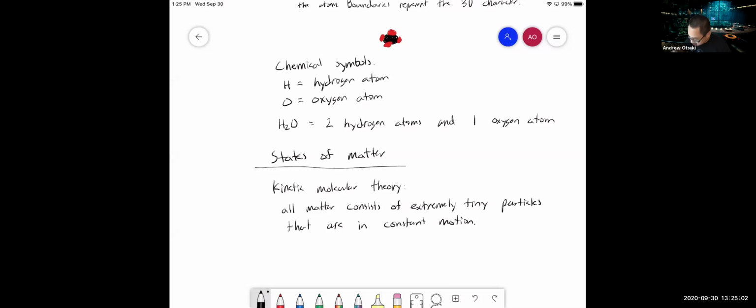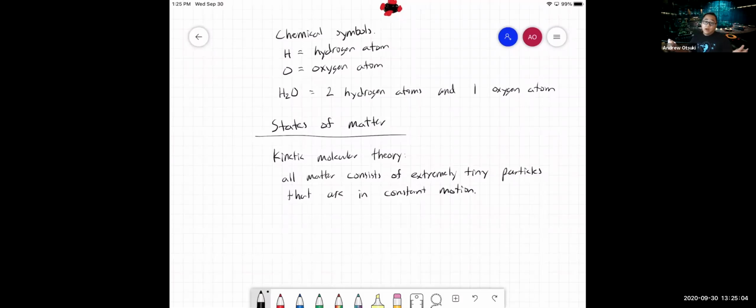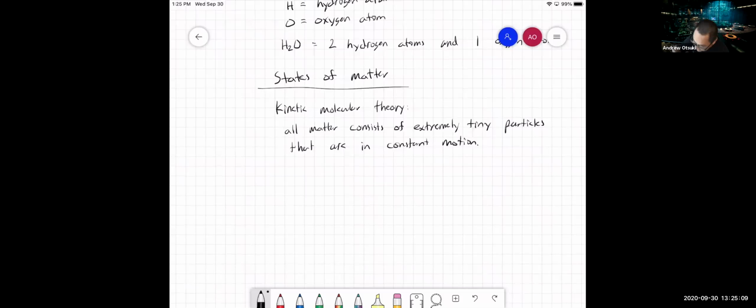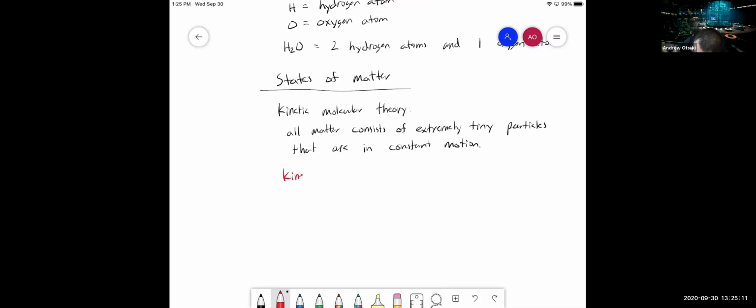Here are some mnemonics to help you break down the definition. Kinetic means motion. For example, like the popular term telekinesis, that means you can affect movement at a distance. So here kinetic means motion or movement.